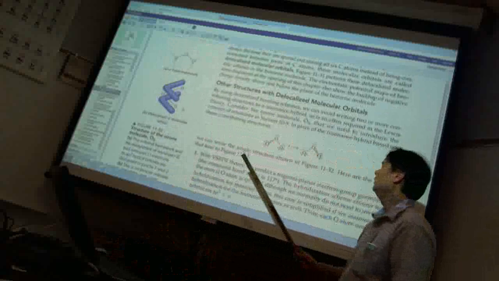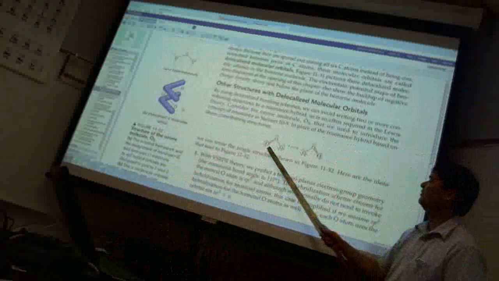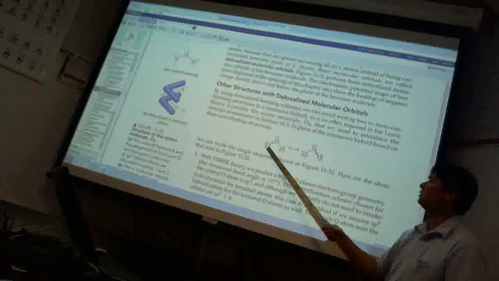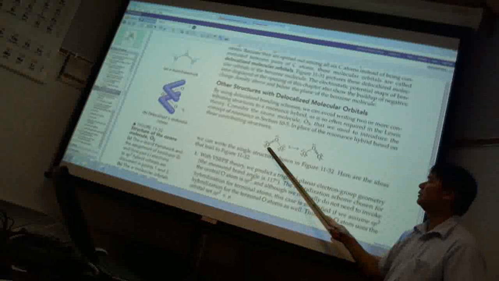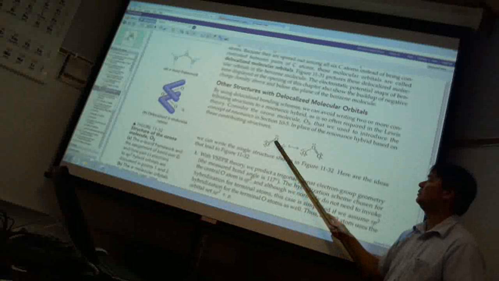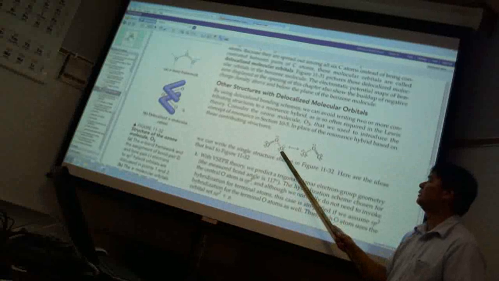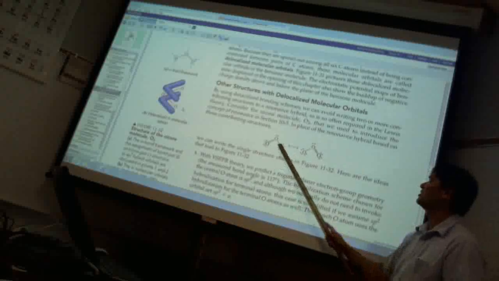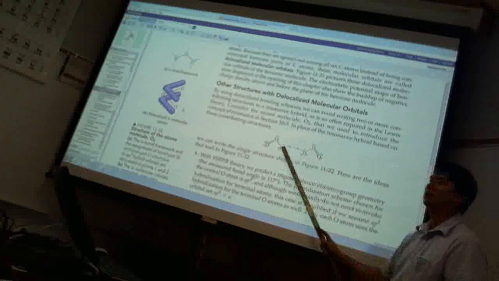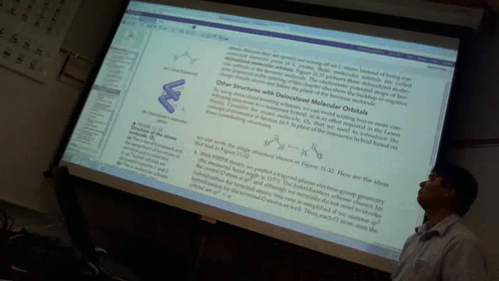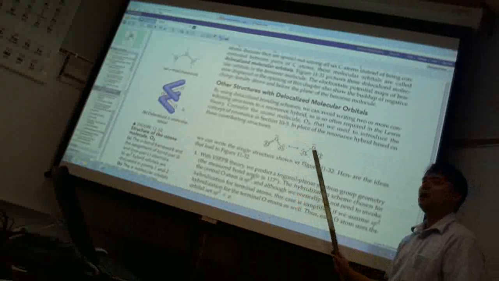This is just another example. In valence bond theory, what is the hybridization here? sp2, sp2, sp3. And so we have these two, and then we would come up with the resonance hybrid.